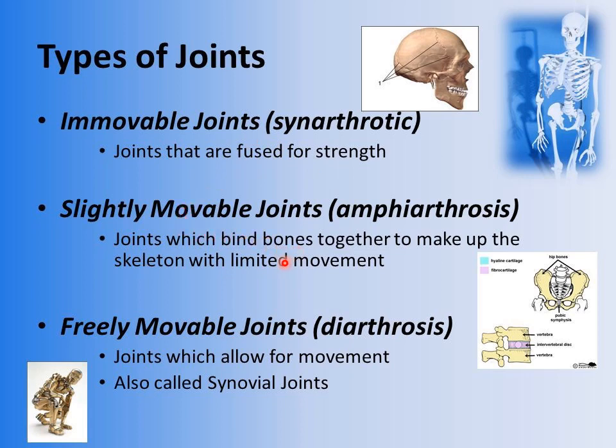They bind together with the help of cartilaginous tissue and limited movement is possible at these joints. And the freely mobile joints, which are diarthrosis, allow free movements, and these are the synovial joints. Mostly in the upper limb and lower limb, the joints are for movement purposes, so they are the synovial joints.